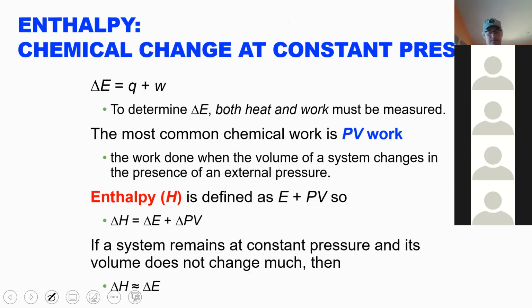All right, so a few more minutes. Enthalpy is what we call the change in energy at a constant pressure. The most common work done by chemistry, as we mentioned before, is PV work.